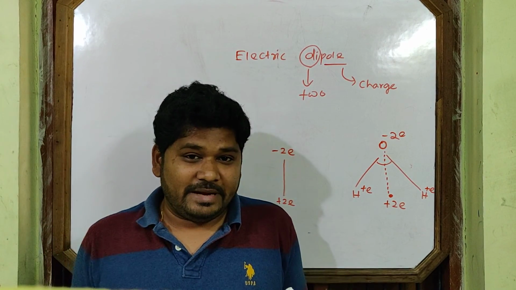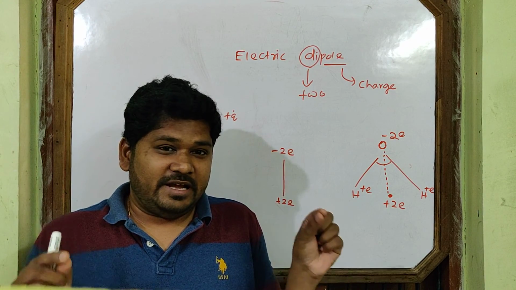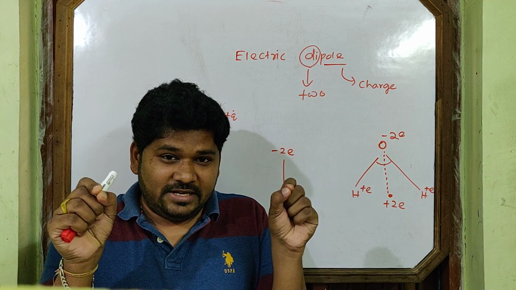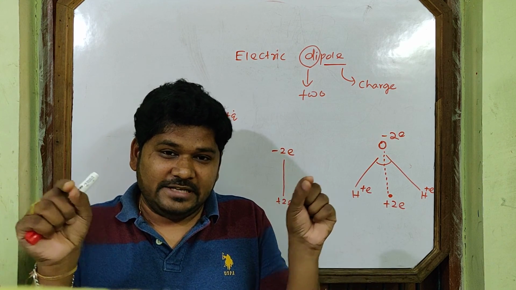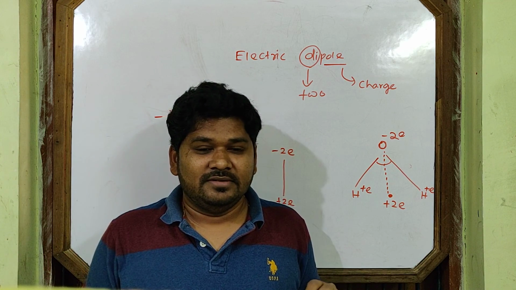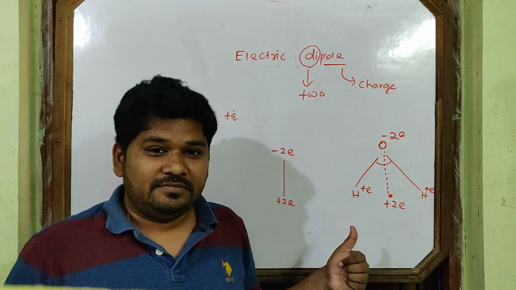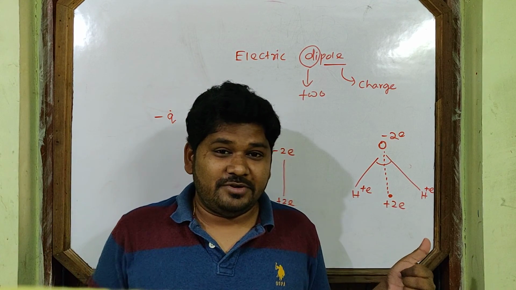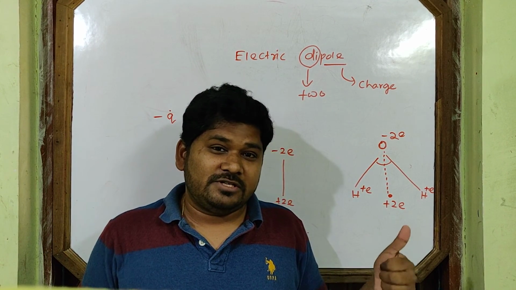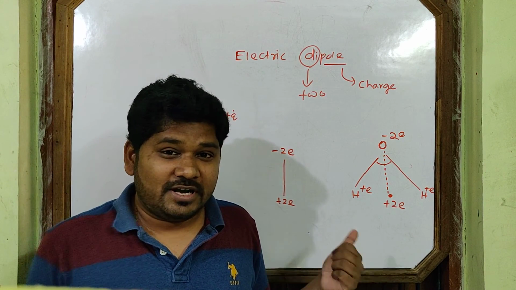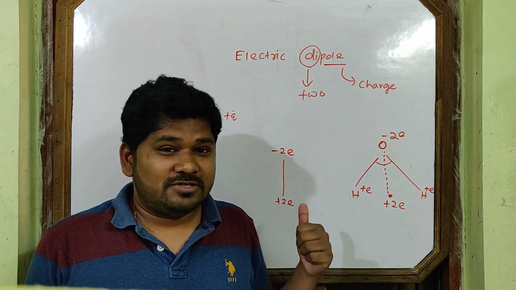Don't keep in mind that dipole means in air 1 plus Q and 1 minus Q exist freely like this. If they exist freely, they must attract each other. But a dipole is not like that. A dipole is one molecule. Then now the question comes to mind, that means all molecules are dipoles? No, it is also not like that. All molecules are not dipoles.